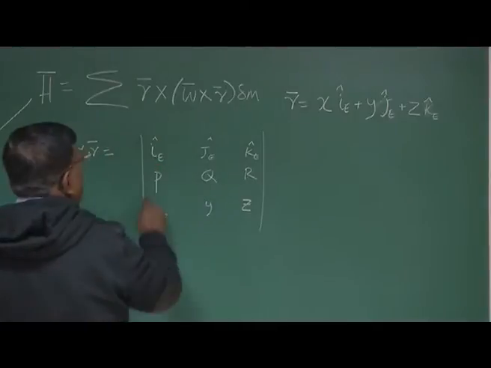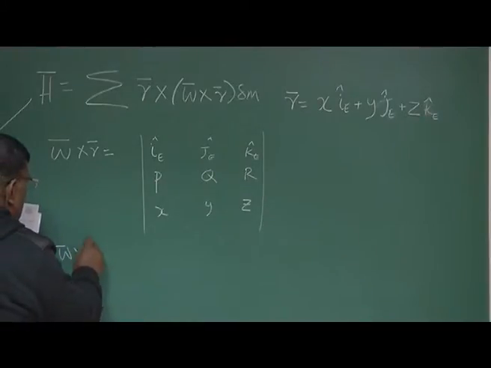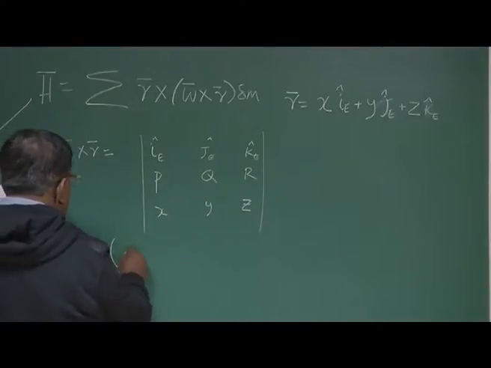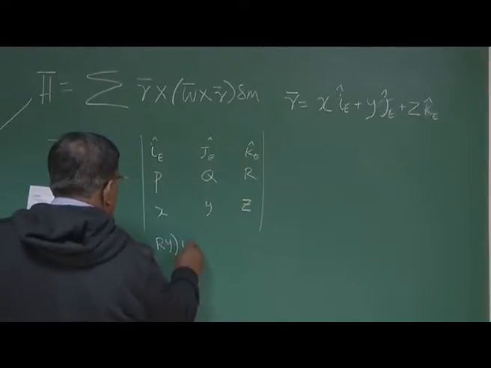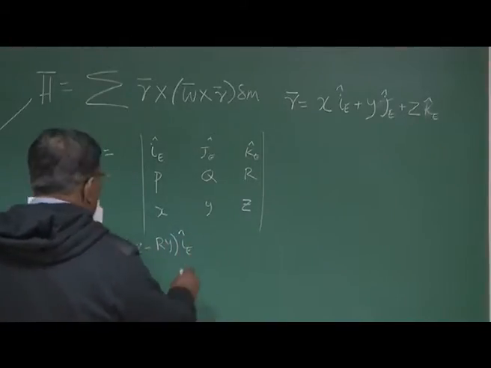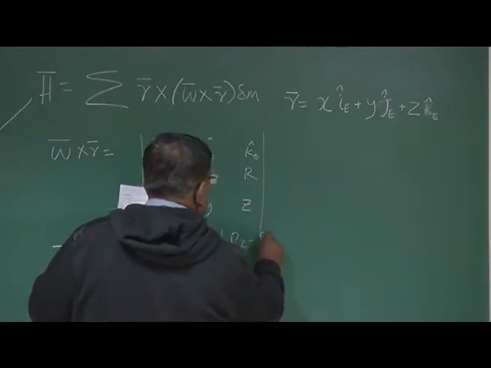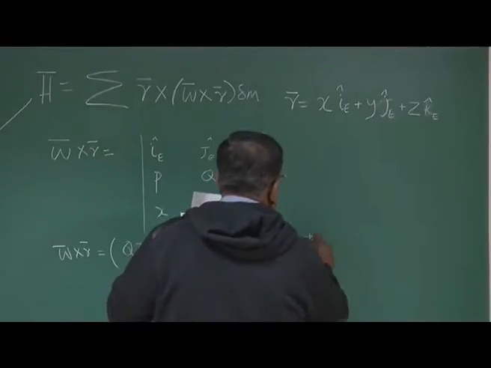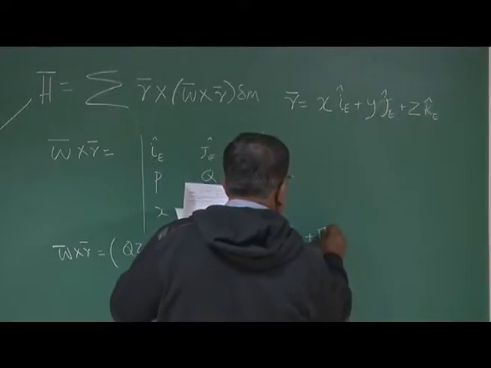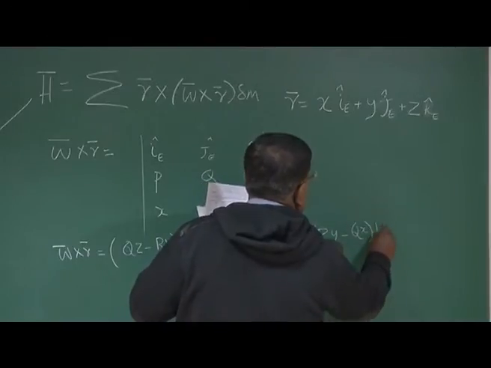If I take the cross product, omega cross R equals, let me write, (Qz minus Ry) IE minus (Pz minus Rx) JE plus (Py minus Qx) K bar.